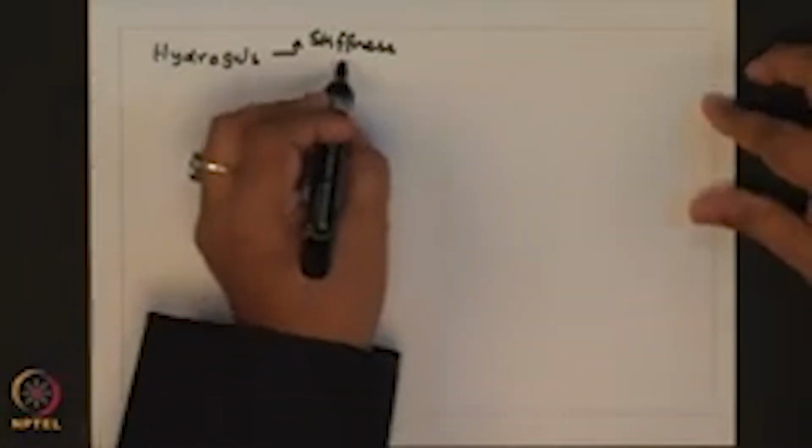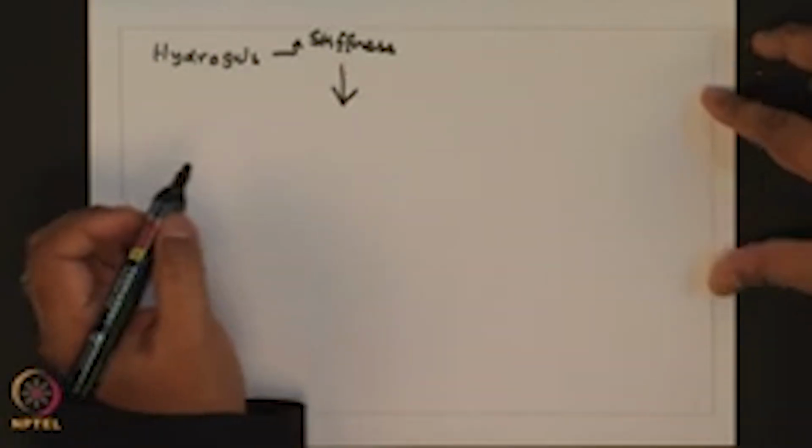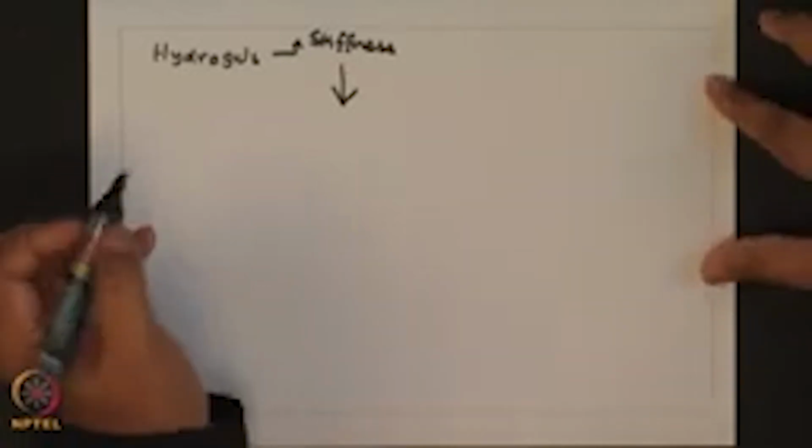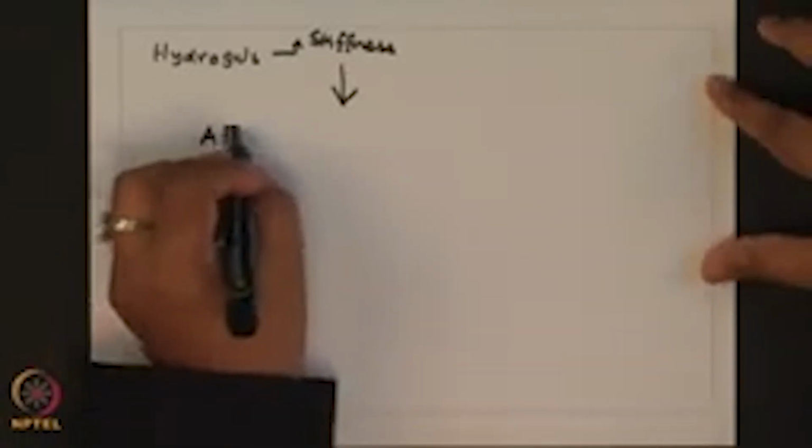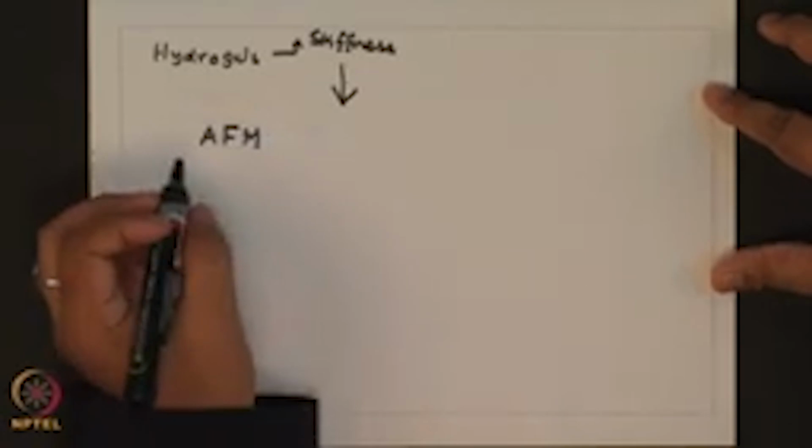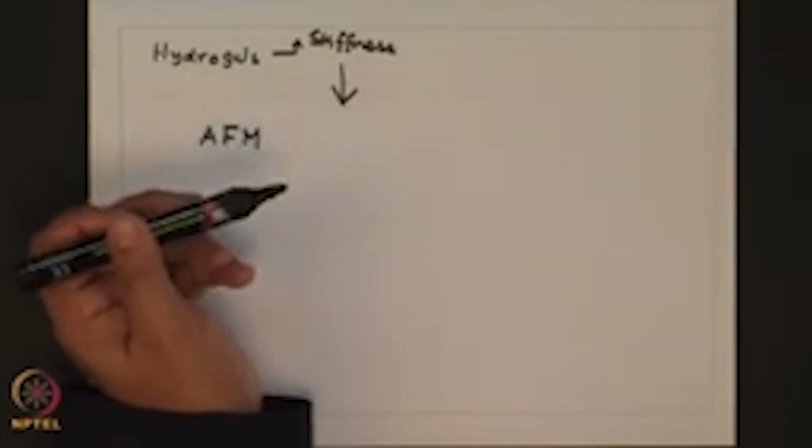For characterizing the stiffness of cells or gels, I introduced AFM, or atomic force microscopy, and showed how AFM can be used for probing the properties of hydrogels, cells and tissues.